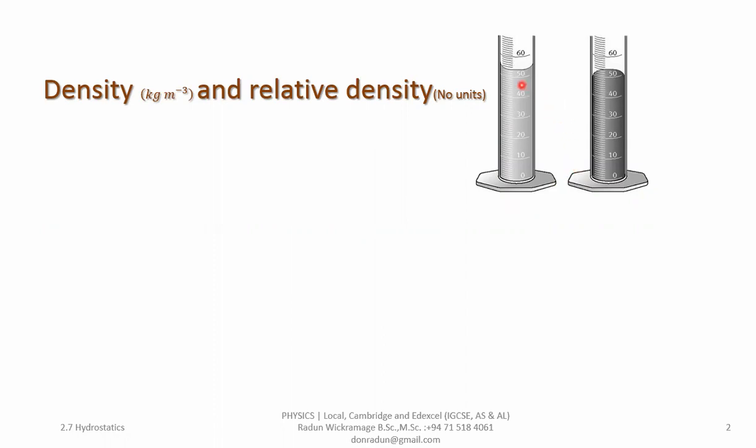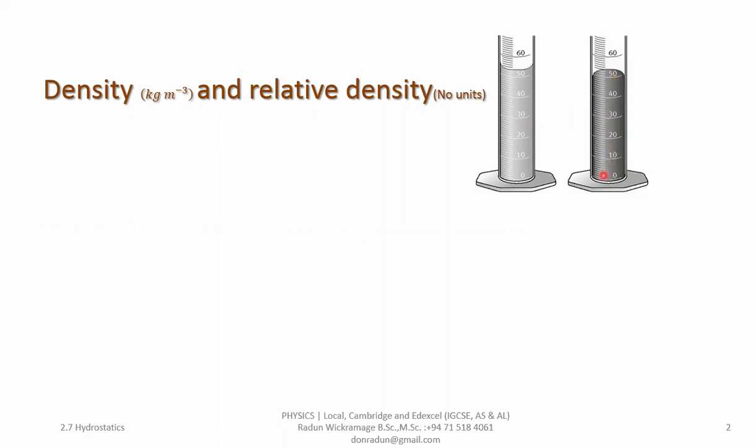We are taking 50 milliliters of water and 50 milliliters of mercury in two equal measuring cylinders. If you check the weight of these two measuring cylinders, you can obviously see that the measuring cylinder with mercury is heavier.